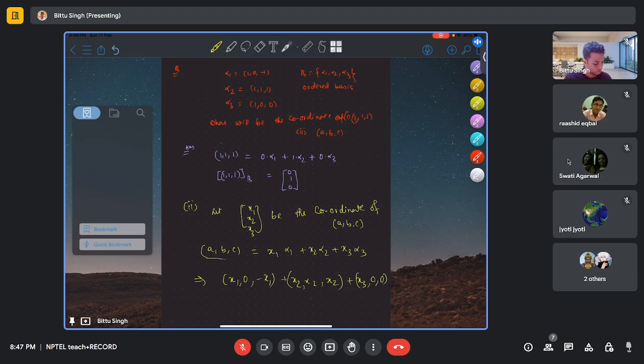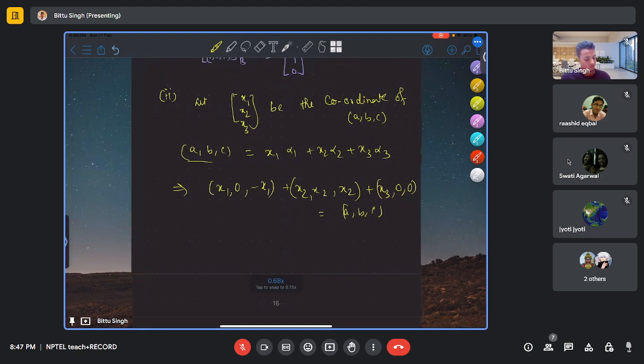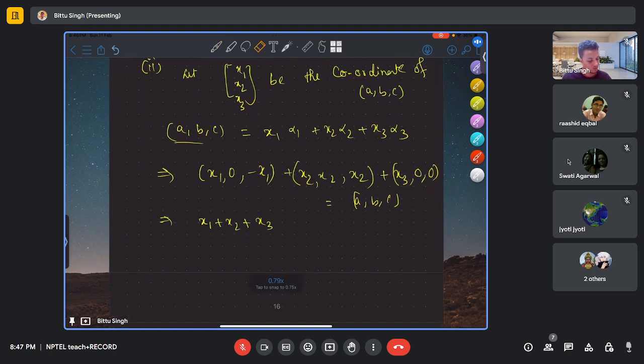This is the same as (a, b, c). So (x1 + x2 + x3, x2, -x1 + x2) equals (a, b, c).